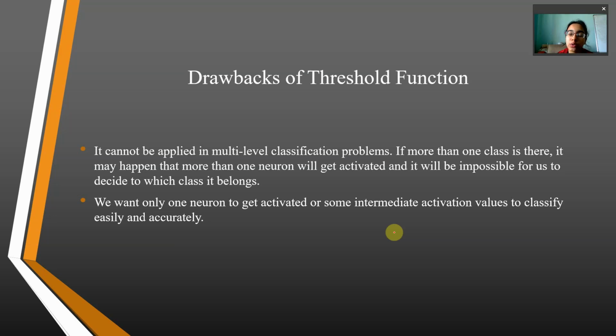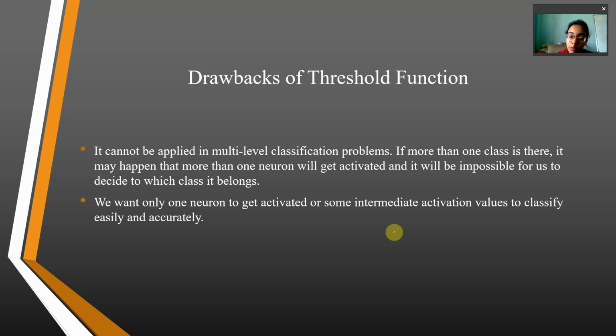What we need here are some intermediate activation values, like 0.5, 0.6 and 0.7, then based on which value is higher we can predict the output, or we can also select that we want only one neuron to get activated.